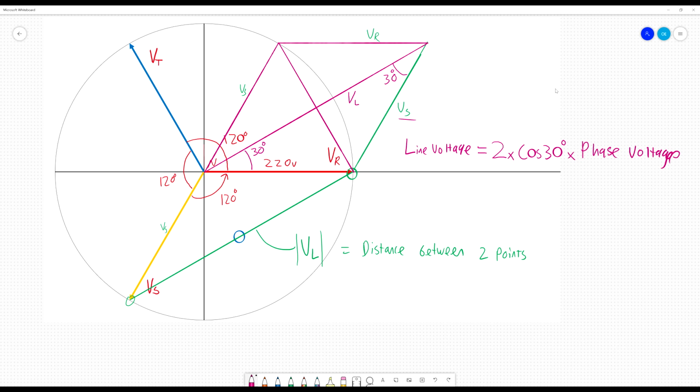Why? Because the hypotenuse, which is in this case the phase voltage, is 30 degrees away from the base, and we know that the cosine of 30 is the base over the hypotenuse, which is the base over the phase voltage.